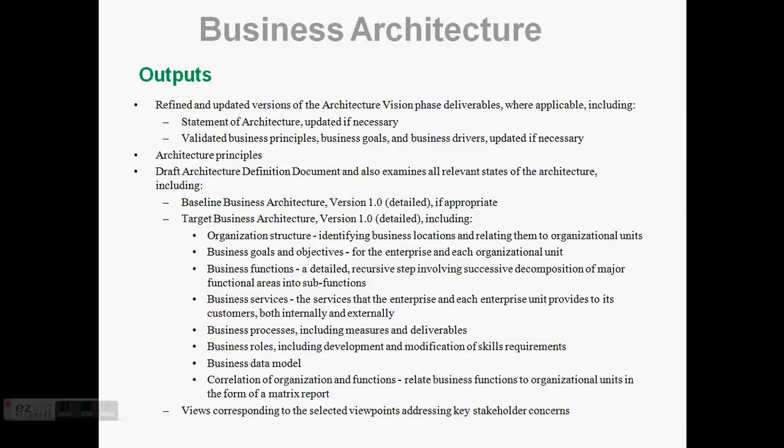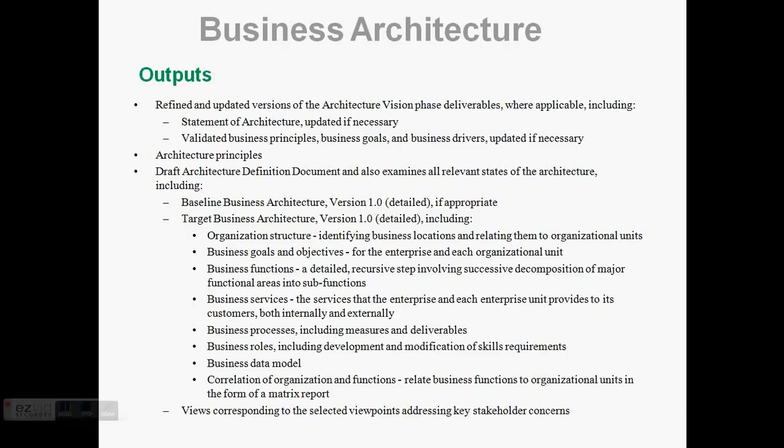For that, we need a draft architectural definition document that includes a baseline business architecture, if appropriate.